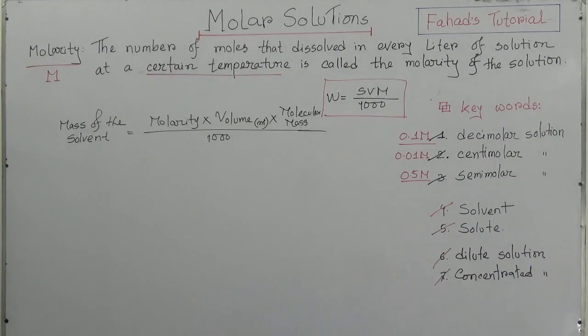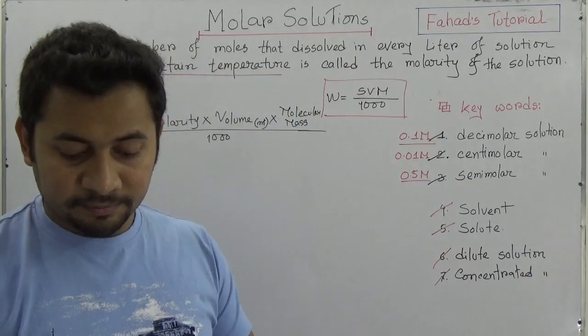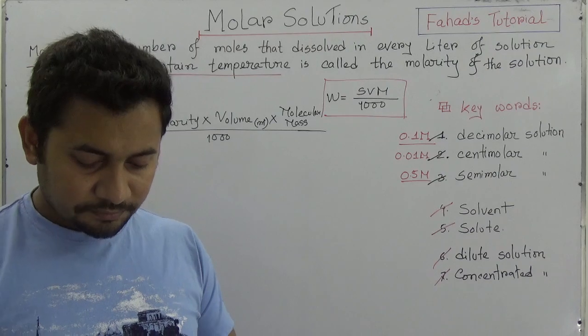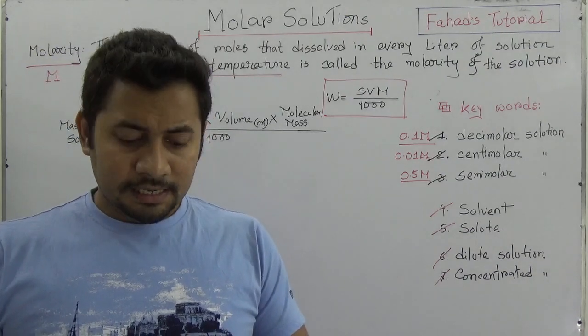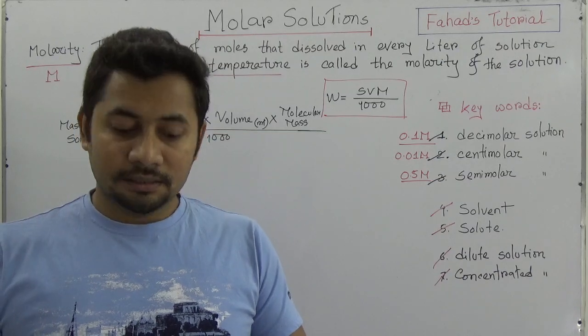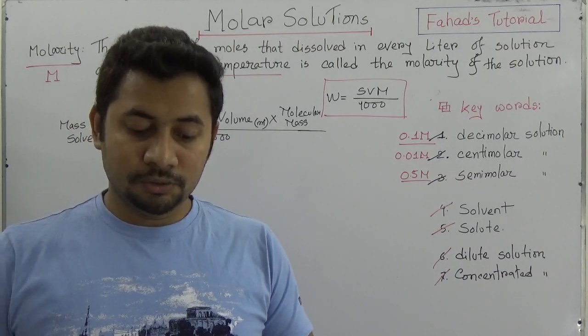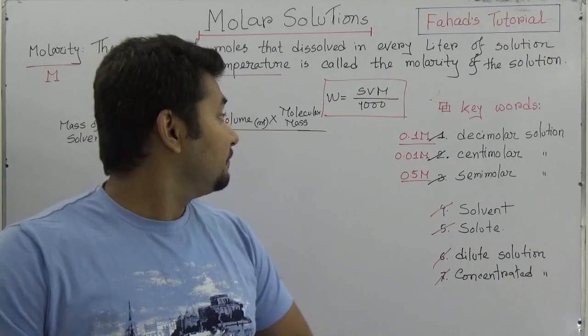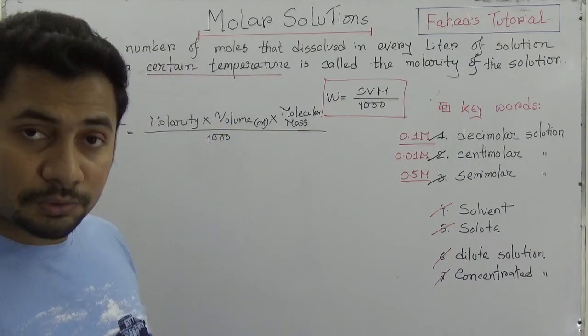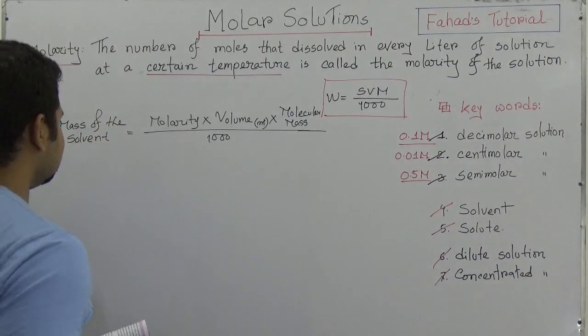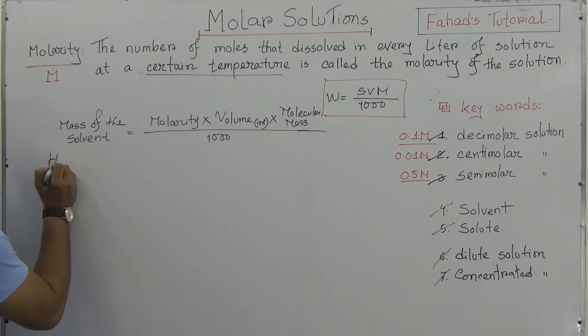Now let's do some mathematical problems. Suppose the question is: how much sodium carbonate is there in a 2 liter, 0.1 molar sodium carbonate solution? I'm writing it shorter so that you can understand.